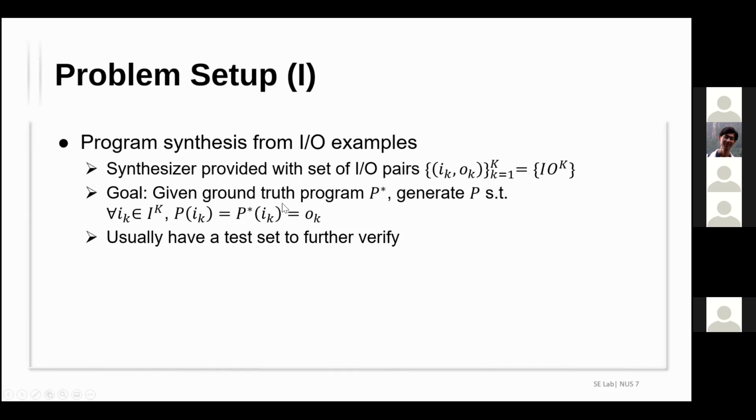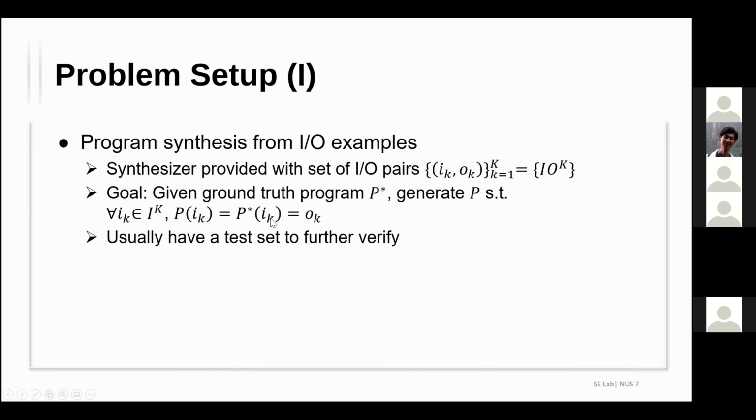Then what is P star? P star is just a ground truth program. Because this is like machine learning training, there is a ground truth program which is able to handle all the test cases. The algorithm doesn't have the ground truth program P star, but it wants to generate a program that produces the same output.